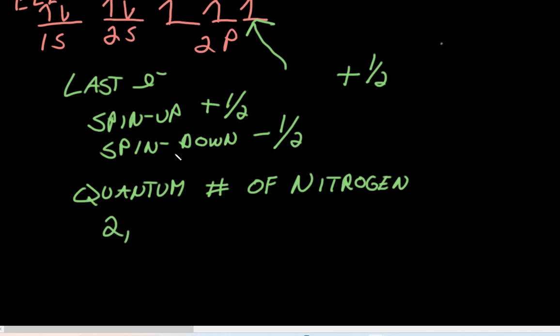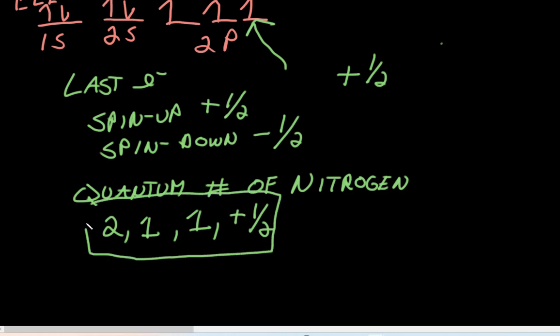Our angular was 1. Our magnetic was 1. And our spin was plus 1/2. So these are the quantum numbers for that last electron in nitrogen. So that's how you find those.